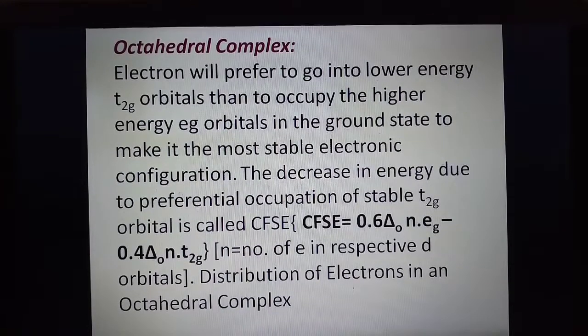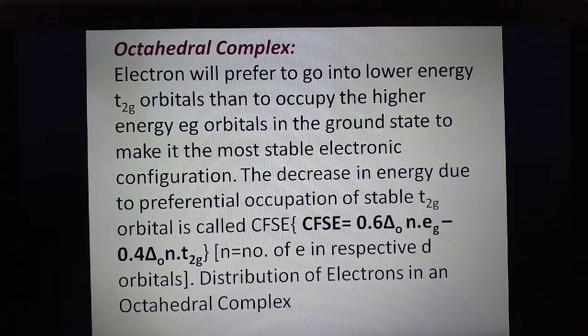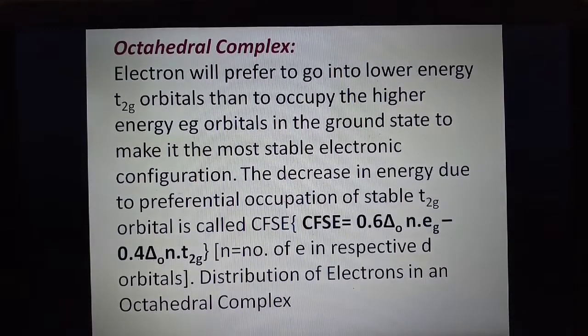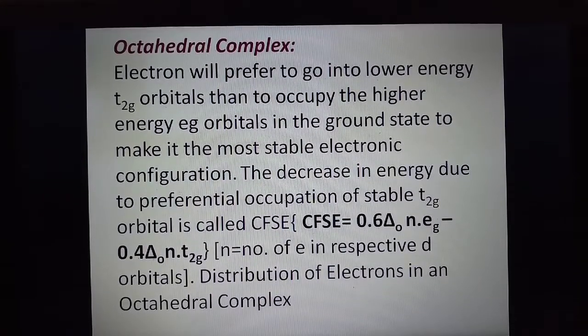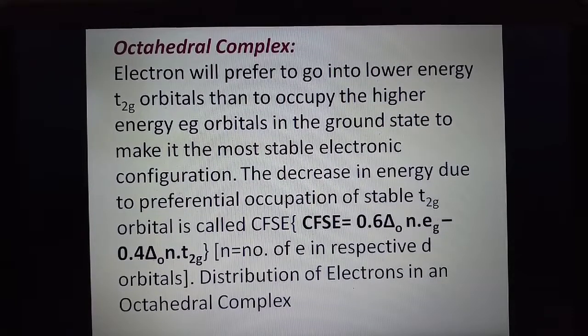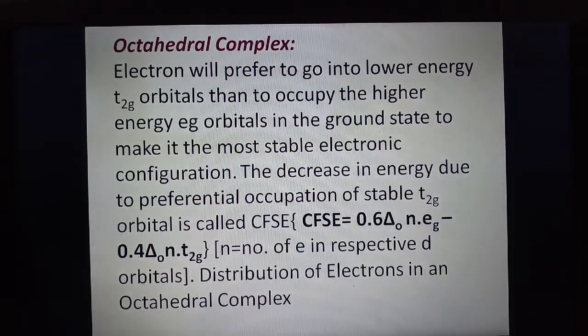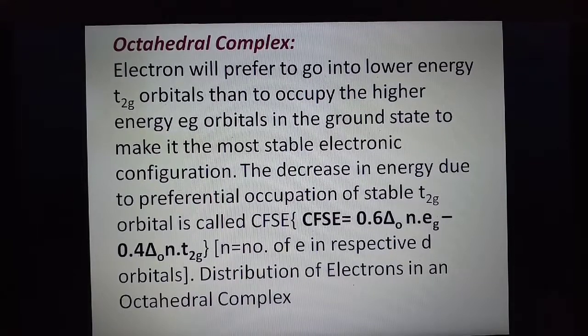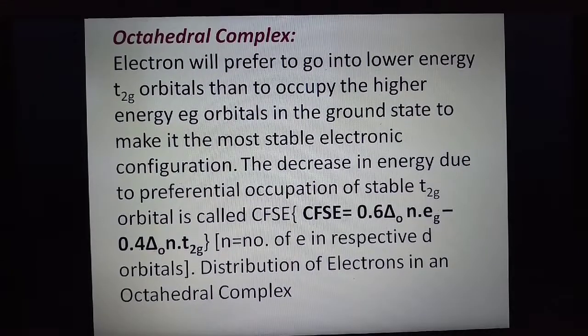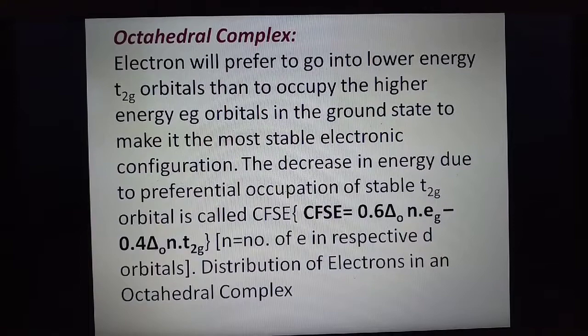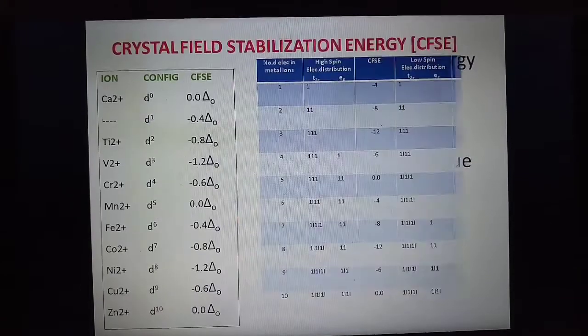The decrease in the energy due to the preferential occupation of the stable T2g orbital is called the CFSE, where CFSE equals 0.6 octahedral splitting energy times the number of electrons in the Eg level, minus 0.4 octahedral splitting energy times the number of electrons in the T2g level, where n indicates the number of electrons in the respective d orbital. And the distribution of the electrons in the octahedral complexes is shown here.